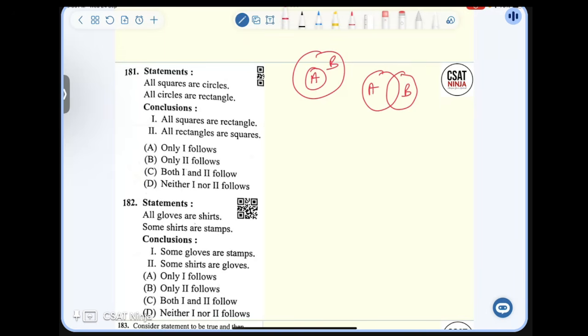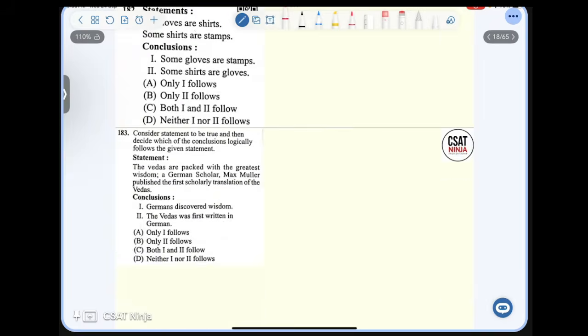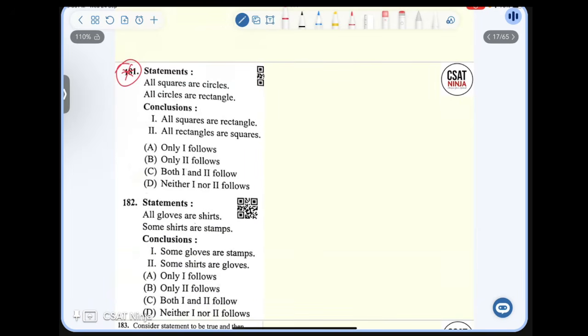That means some B are A and some A are B. Some means there's a sharing there, okay? I think those two concepts are more than enough. In syllogism, this topic is actually important. I'll try to discuss this one in the next class.